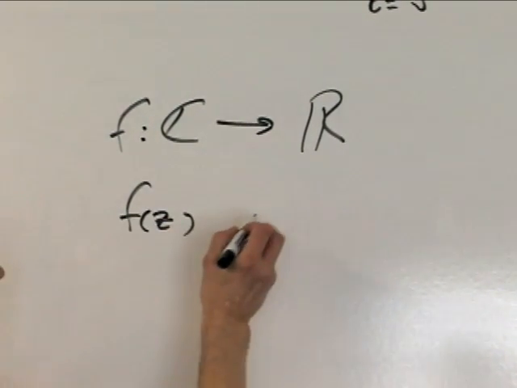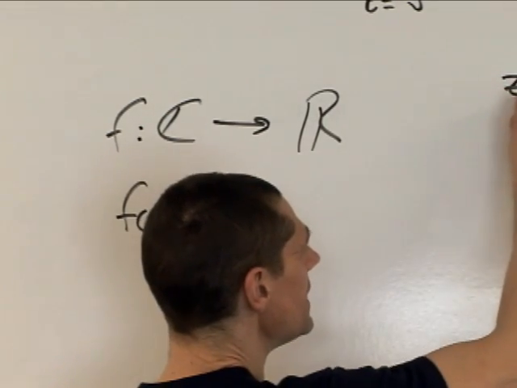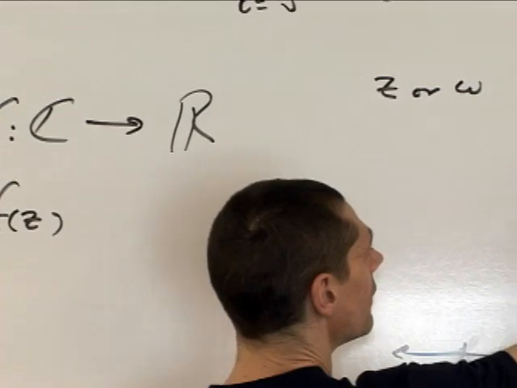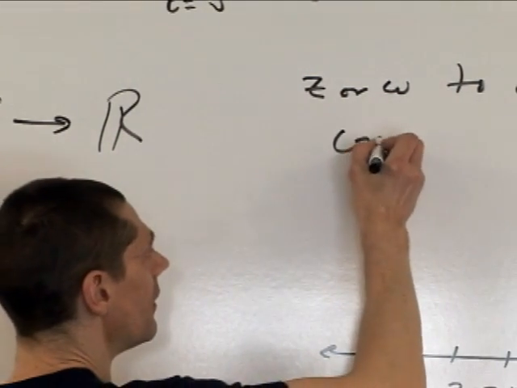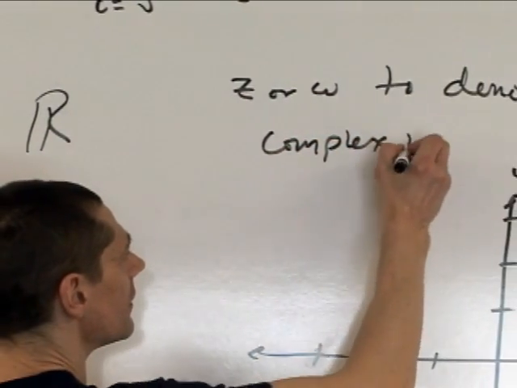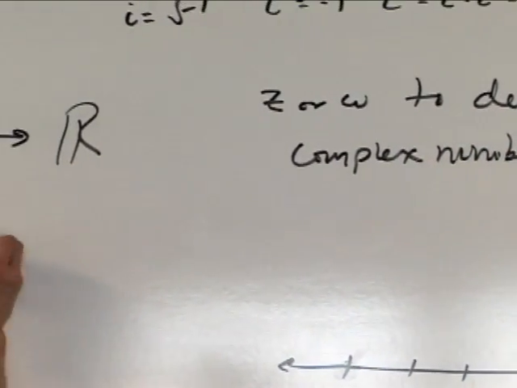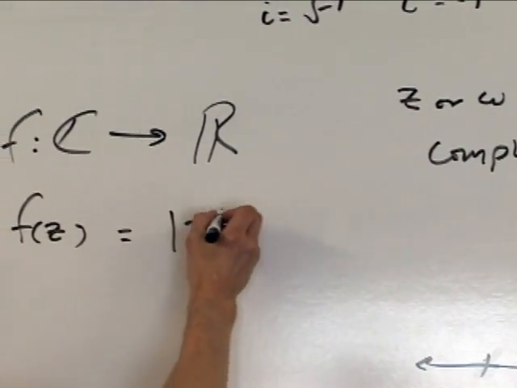Remember, in general, we use z or w to denote complex numbers. So F of z looks like the absolute value of z.